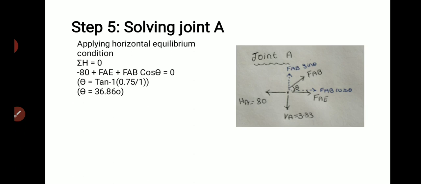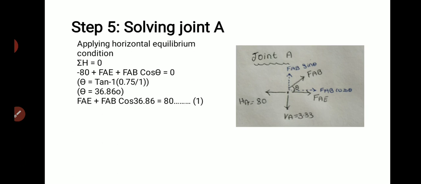Again, resolving FAB as FAB cos theta and FAB sin theta, we apply the horizontal equilibrium condition. The horizontal forces here are HA, FAE, and FAB cos theta. By applying the sign convention, left side going forces are taken as negative and right side going forces are taken as positive.